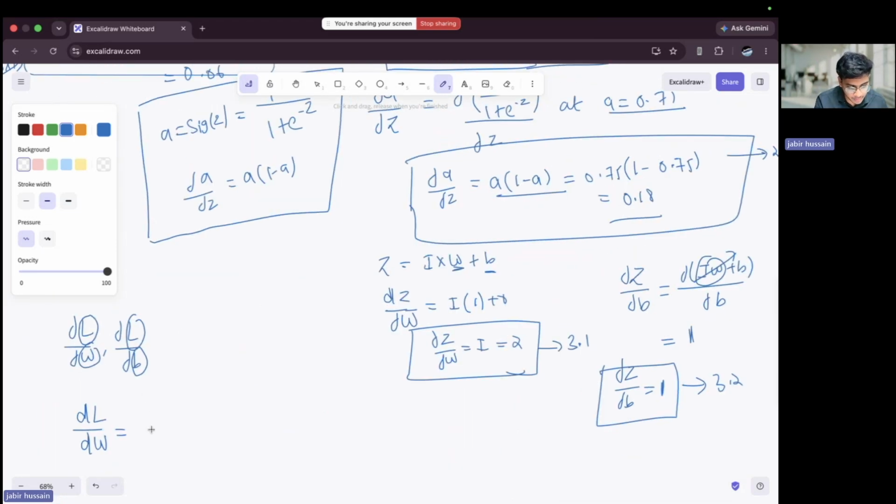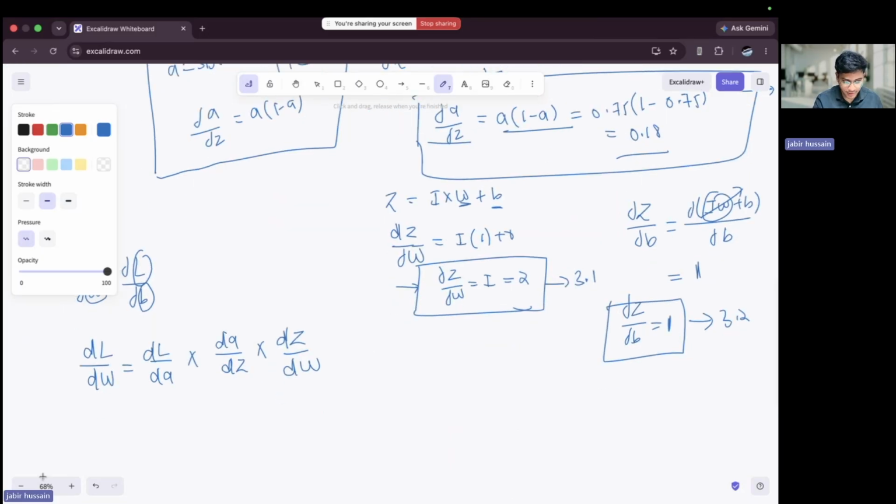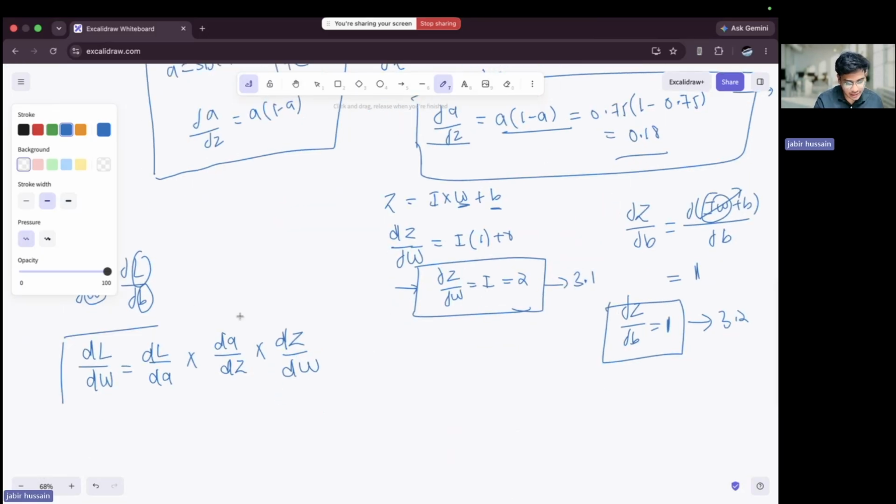So dl by dA multiplied by the second derivative, dA by dz, multiplied by dz by dw. Can I write it like that? So this is the derivative. This is the equation for our neural network. This is the chain rule.